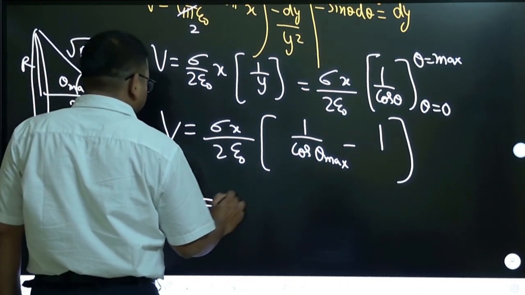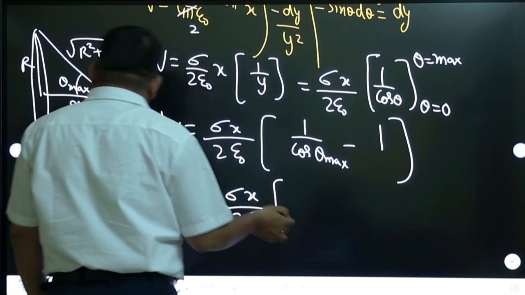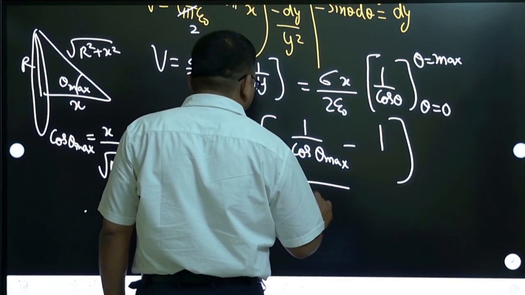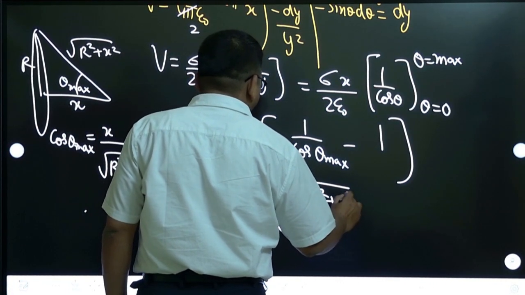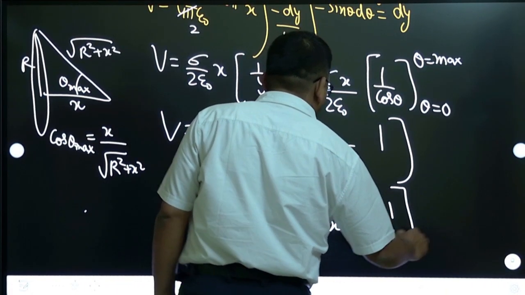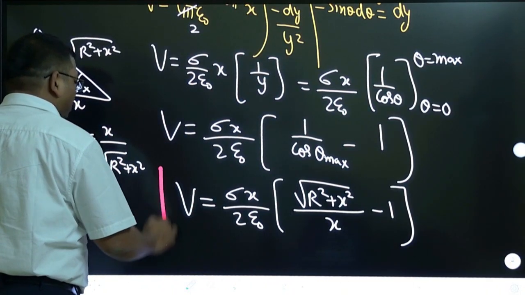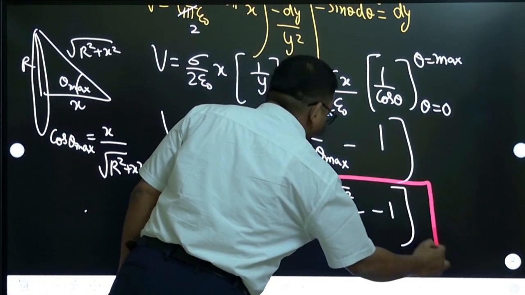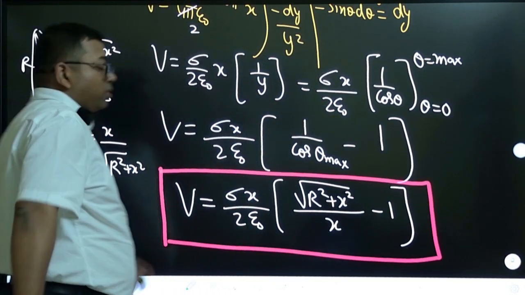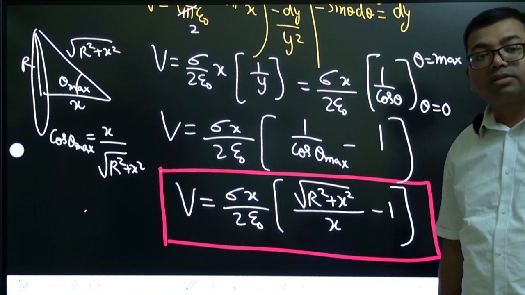Potential is sigma x by 2 epsilon naught times root under r square plus x square divided by x, minus 1. This is the formula for potential on the axis of a uniformly charged disk. Clear?